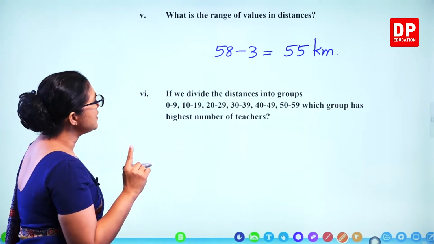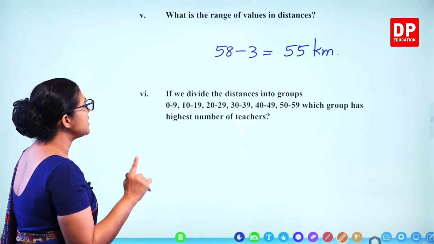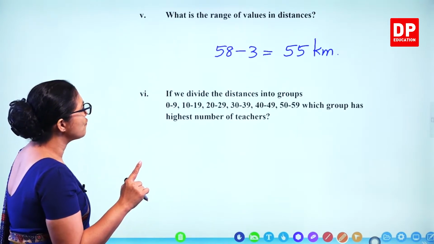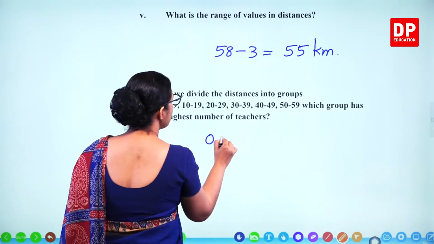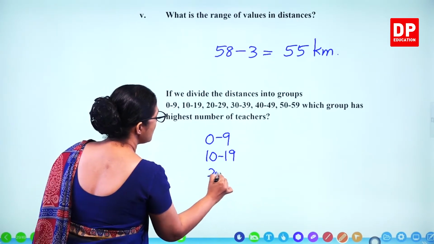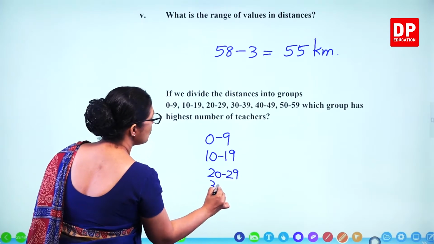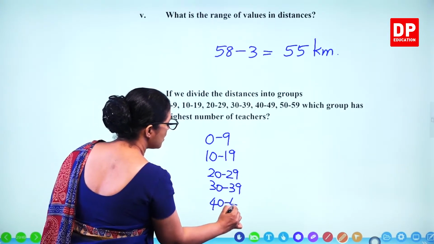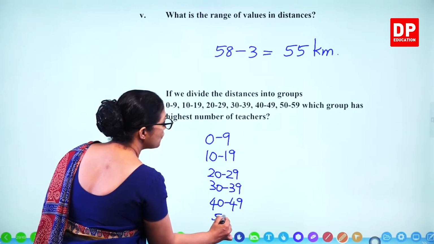If we divide the distance into groups 0 to 9, 10 to 19, like that, which group has the highest number of teachers? So let's divide: 0 to 9, 10 to 19, 20 to 29, 30 to 39, 40 to 49, 50 to 59.